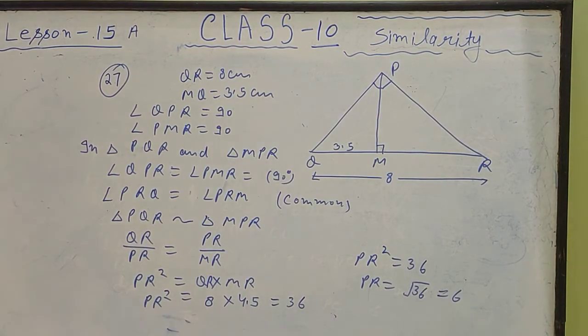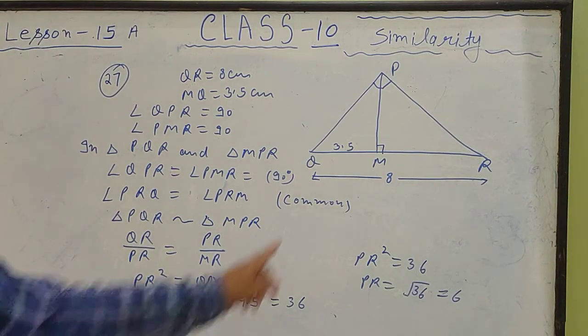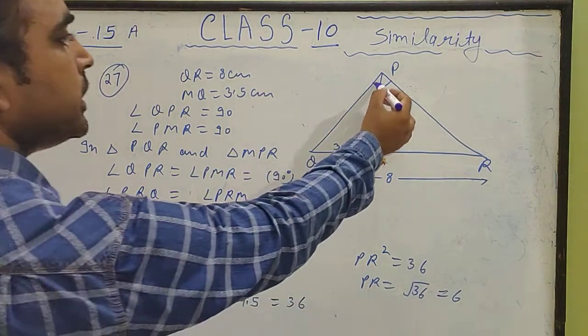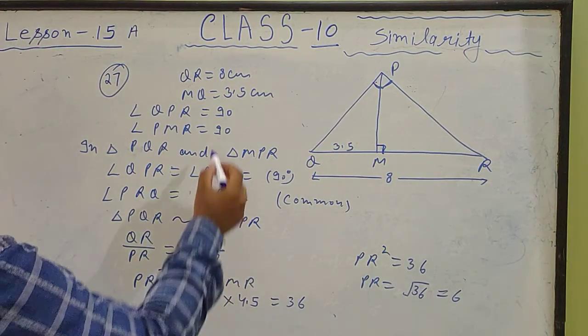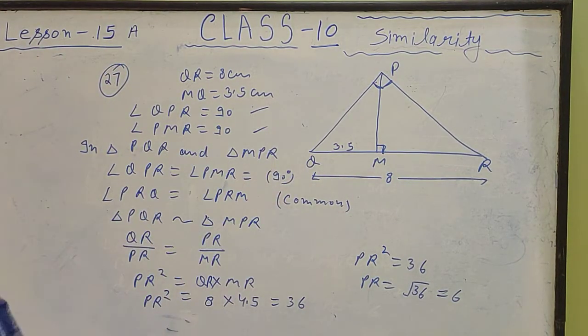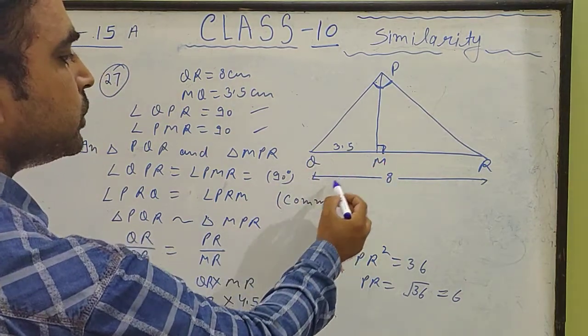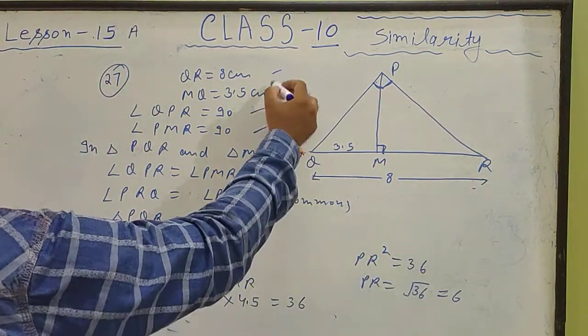Okay, now we solve question number 27. This angle is given as 90 degrees and this angle is 90 degrees. Both are given as 90. This is 3.5 given, QM, and QR is given as 8 centimeters.